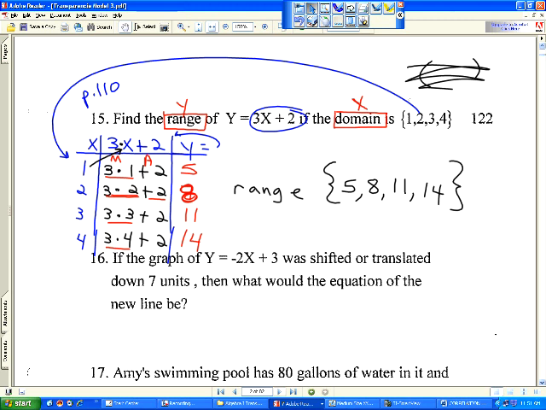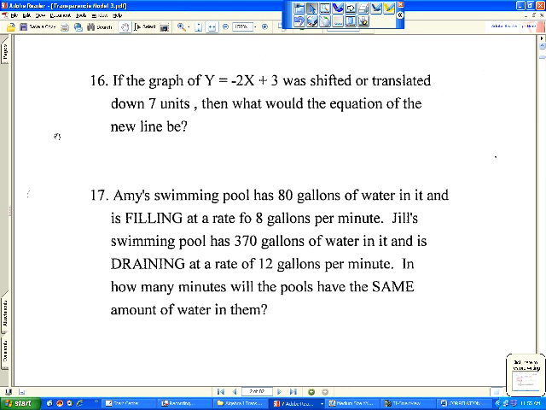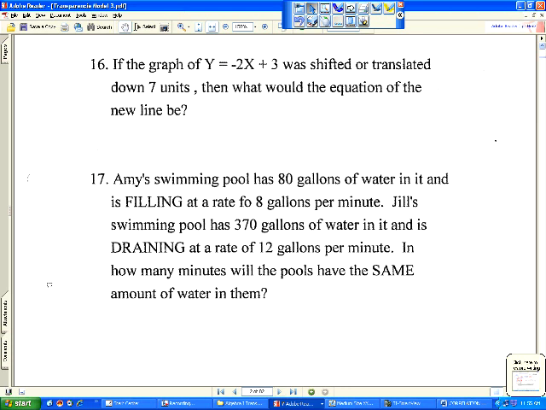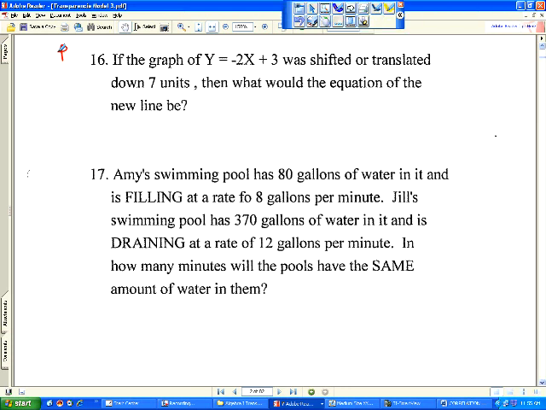Number 16. Now we're getting into parameter changes. You find the rules for this on page 111 through 112. They're also on page 97. That's where we learned them first. A shift or translation affects what part of the slope-intercept form of a line?